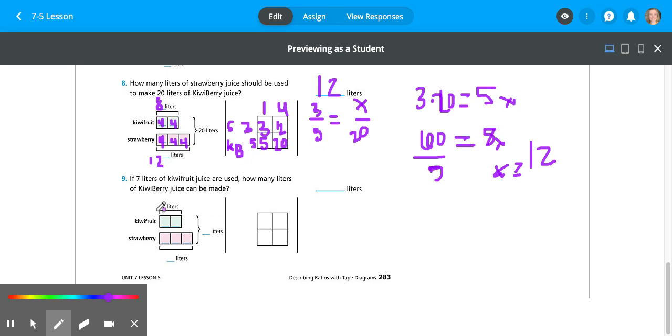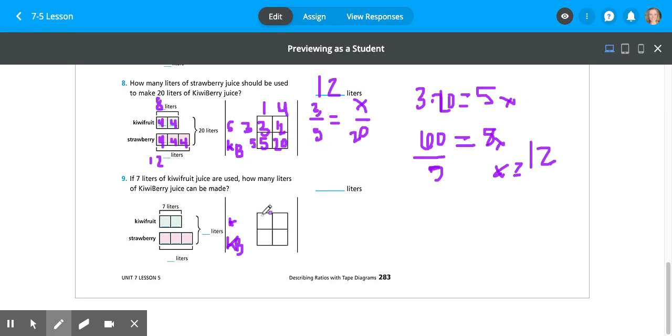So now we'll fill in our last one. So if 7 liters of kiwi fruit juice are used, how many liters of kiwi berry juice can be made? I'm going to fill this out already because we know we have kiwi fruit and we're looking for kiwi berry. So I'm going to look at this first.